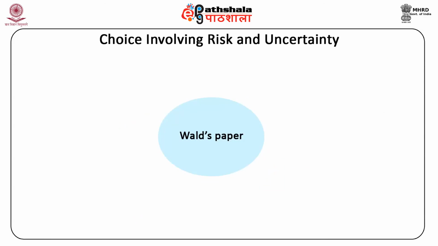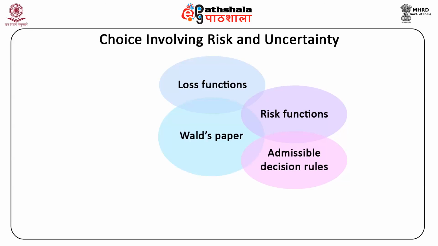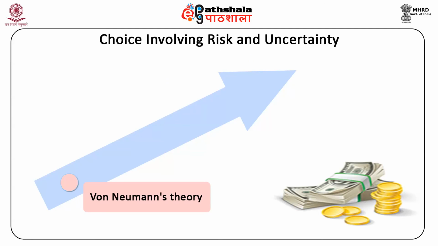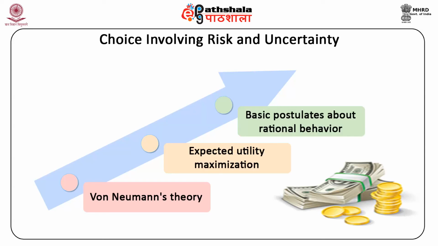Wald's paper renewed and synthesized many concepts of statistical theory, including the loss functions, risk functions, admissible decision rules, antecedent distributions, Bayesian procedures, and minimax procedures. Von Neumann's theory of expected utility proved that expected utility maximization followed from the basic postulates about rational behavior.